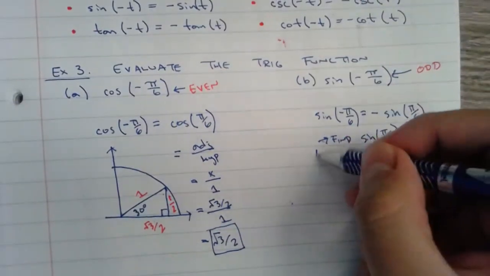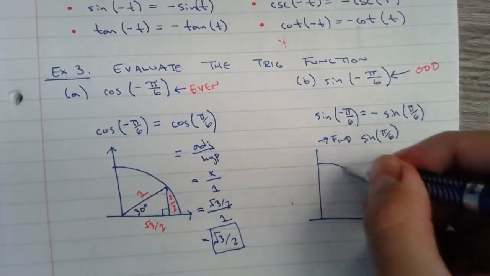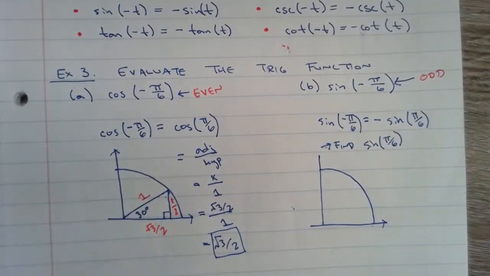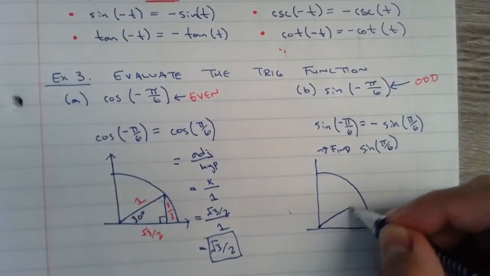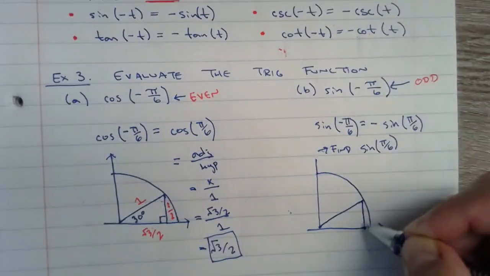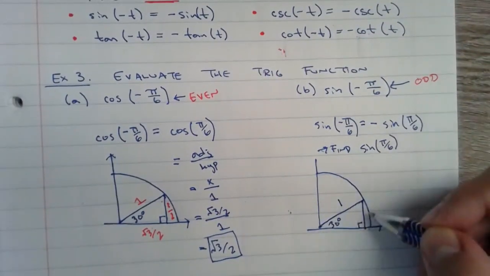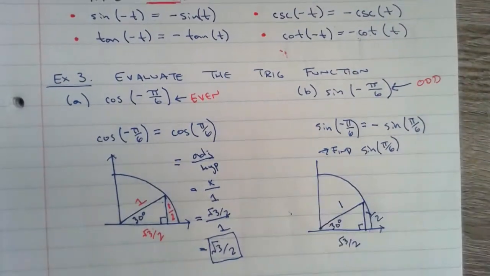Okay. So again, draw your little graph. Again, you have your unit circle. Pi over 6 again is 30 degrees. So you can easily use the other triangle that we just drew, but I'll just draw another one just in case. So this is 30 degrees. Again, this is 1, this is 1/2, and this is square root of 3 over 2. Okay?